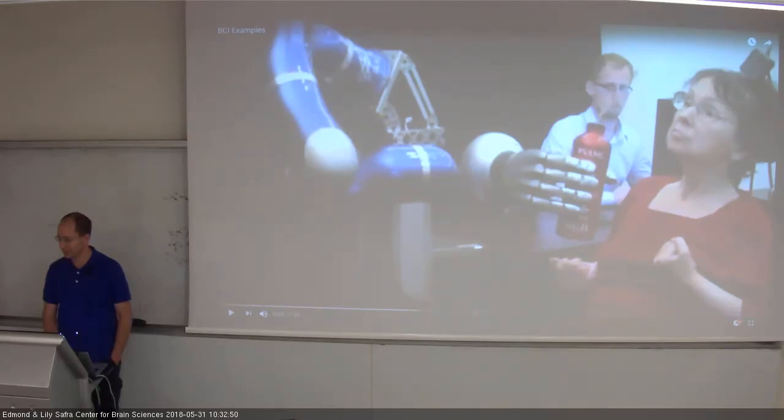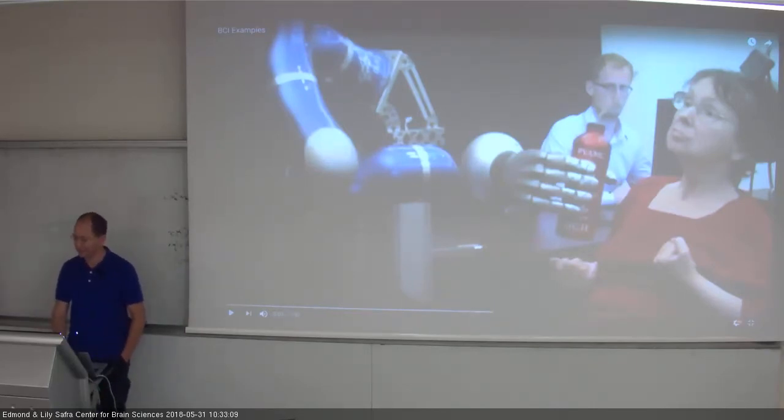You can see here the recording device. The electrode is implanted in the brain, and then this is a connector that connects to the device. Here you can see the experimenter, the doctor in this case, who is not controlling the arm but is monitoring the activity.